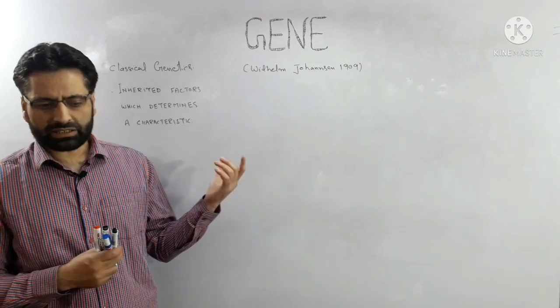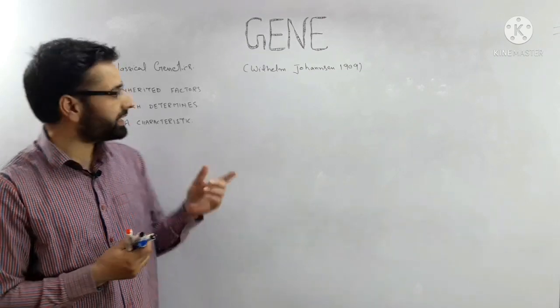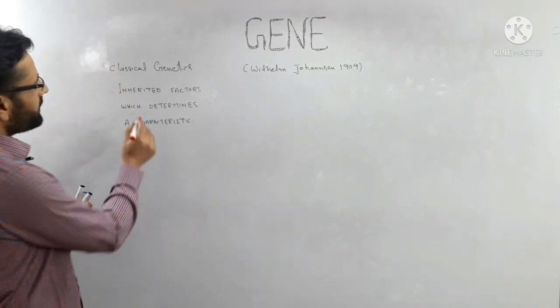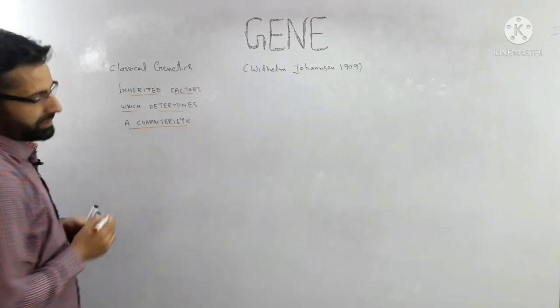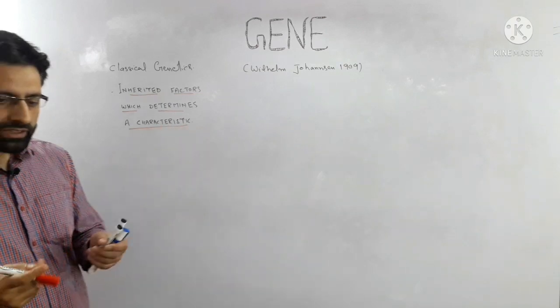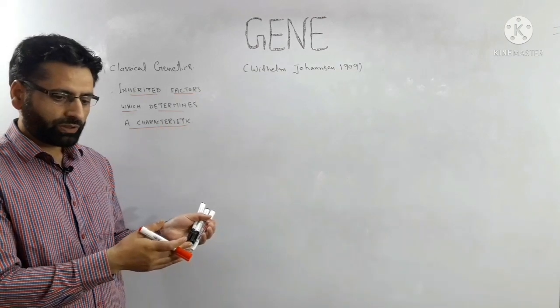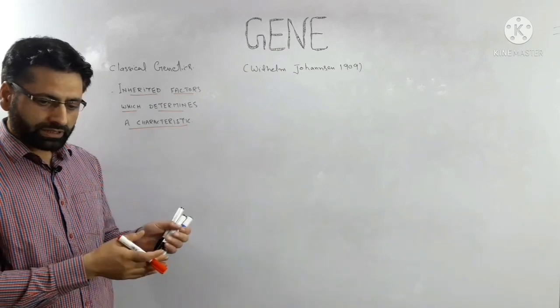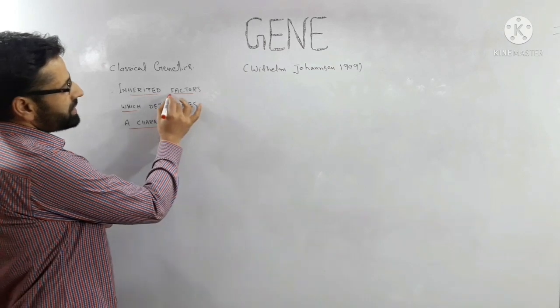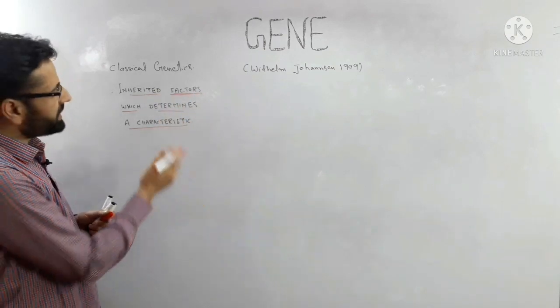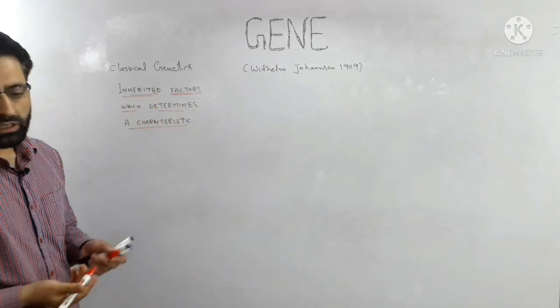In classical genetics, we accordingly define it as the inherited factors which determine a characteristic. That is, a characteristic which appears or is expressed in an individual is because of some physical entity which has been inherited from its parents.